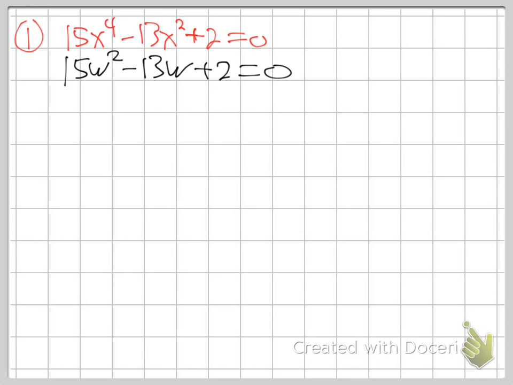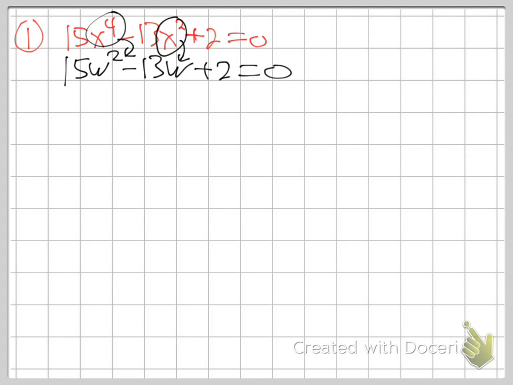See how W is an actor taking the place of x squared? And if W is x squared, then x to the 4th, being twice as big, must be W squared. Does that make sense? That seems reasonable, right? W always is an actor. He always goes in the middle and takes the place of the x squared in the middle. And therefore, W squared must go in the front.